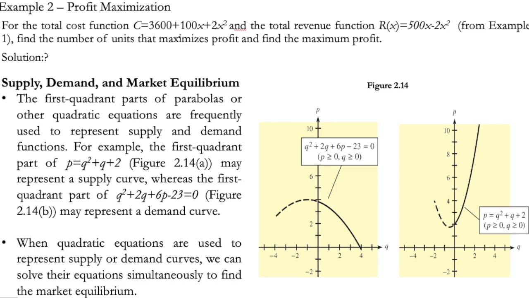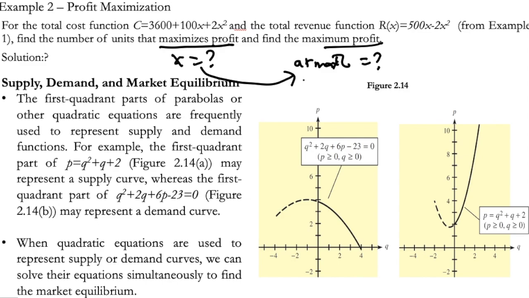Alright. Now let's look at the second example, profit maximization. For the same cost function and revenue function from the previous example, find the number of units that maximizes profit and find the maximum profit. So you need to find the value of the maximum profit, and how much quantity x leads to this maximum profit.